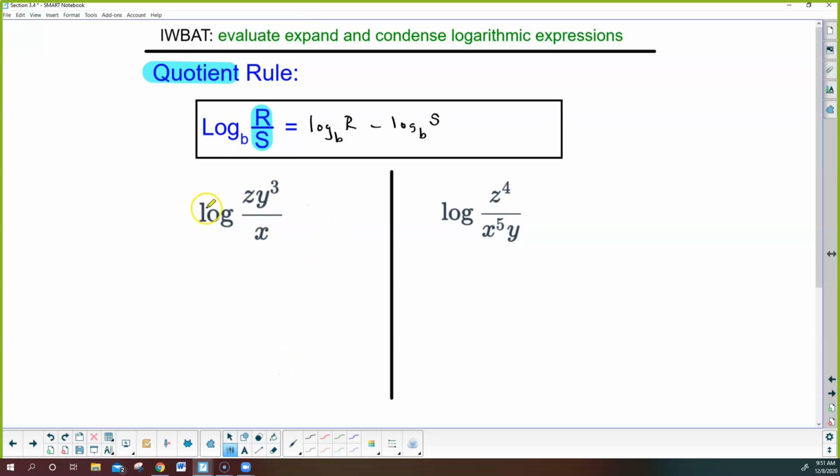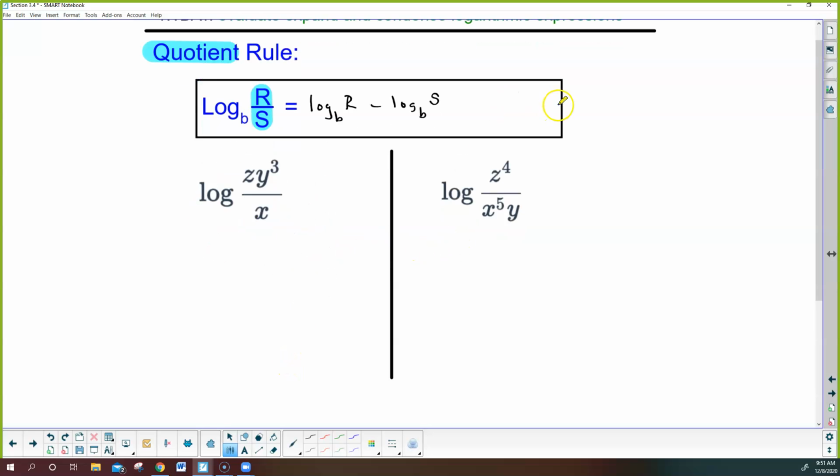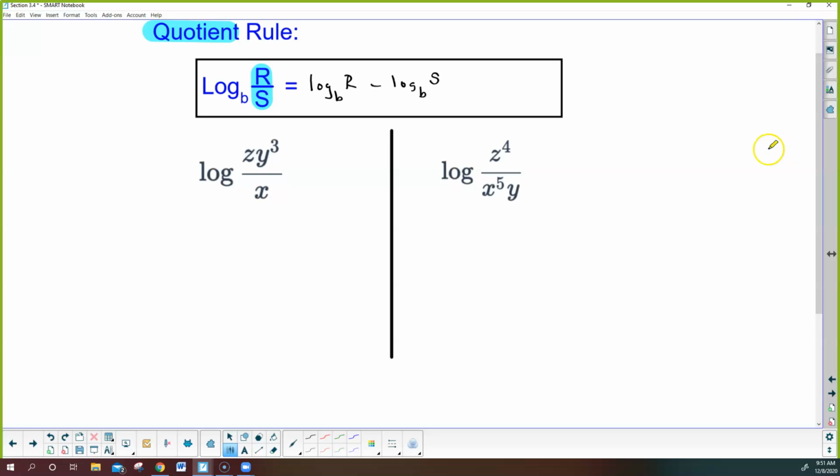Okay, and then we're going to do these two examples together just because I want to make sure you guys have that same idea. And we have to be very careful with how we write them. So notice the first one. This is in condensed form. We want to break it down and use the rules to expand it. So here's what I'm going to do.